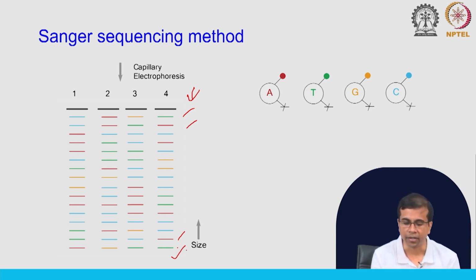So, in this fragment the signal is green, so green is T. So, what we will get is T, then A, red, then we have blue, 1 blue, 2 blue, so 2 C's, then again red, so A, then green, T, and so on.